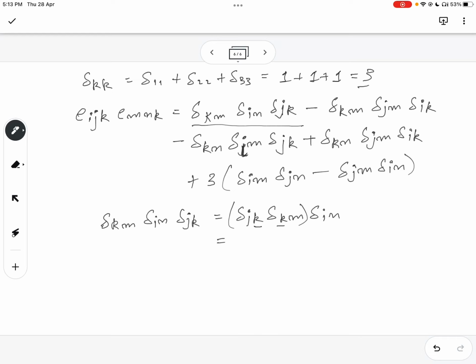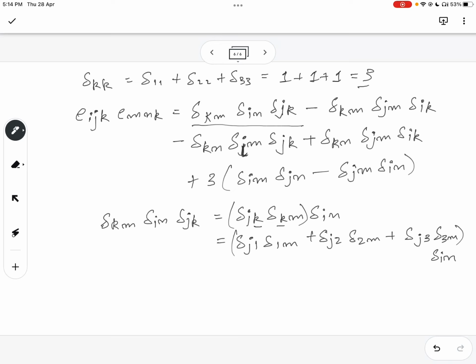So what does this mean? Delta J1, delta 1m plus delta J2, delta 2m plus delta J3, delta 3n times delta In.